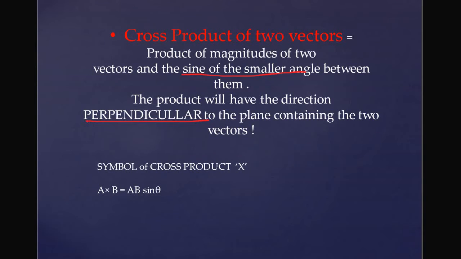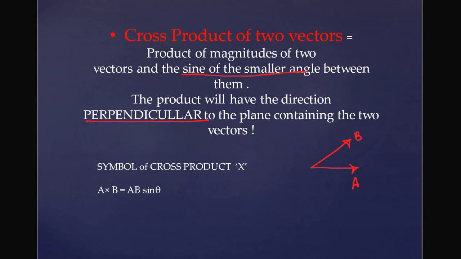So I must show you how it would be represented. If there are two vectors like this, A and B. This is A and this is B. Then what will be the product of these two vectors?